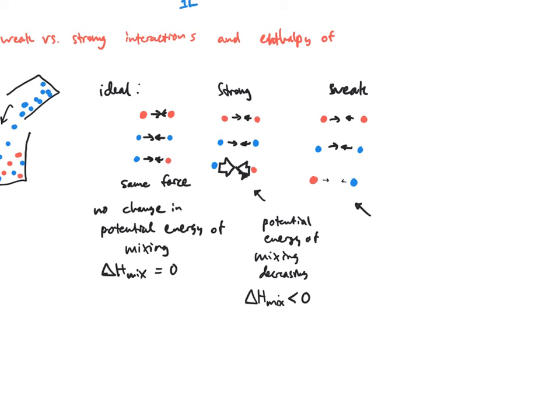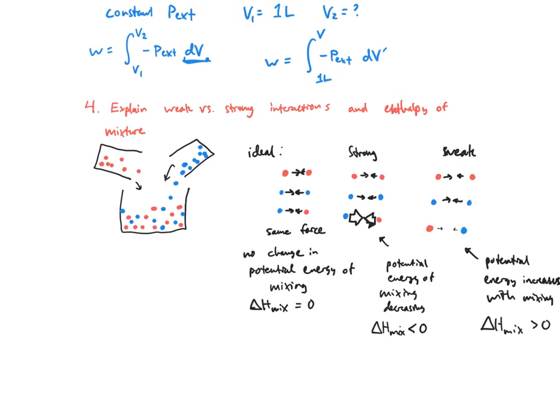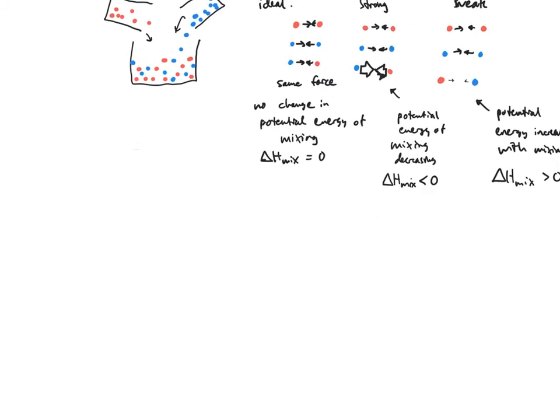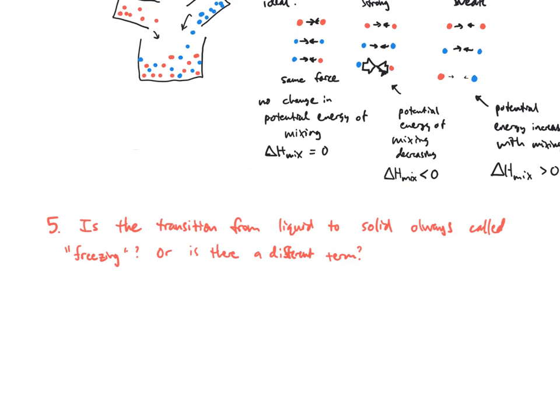Okay? So in this case, the potential energy increases with mixing. Or, again, another way to say that is that delta H of mixing is greater than 0. So hopefully that helps you understand the difference between stronger and weaker interactions for the enthalpy of mixing.